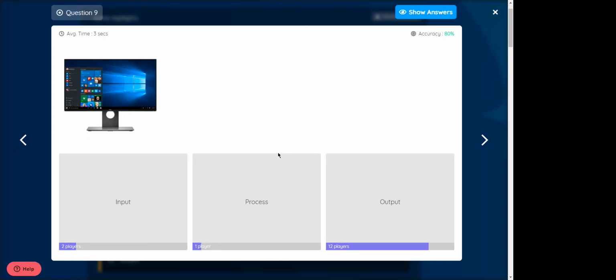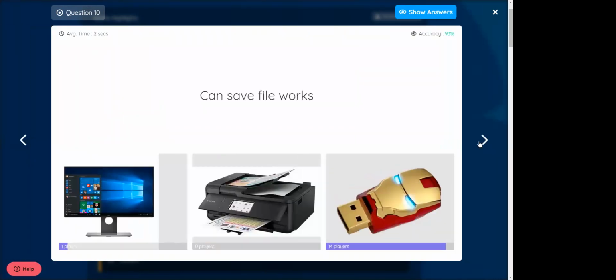Output device. Good. Which device can save our files? Pen drive. Good. What will a printer do? Output. You already know.